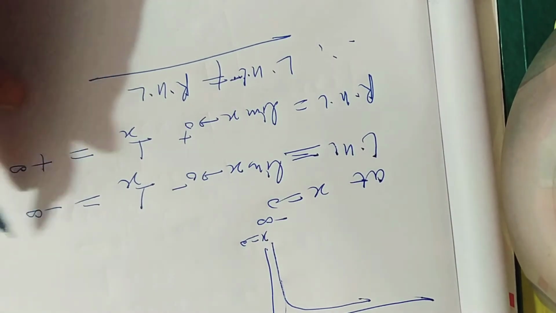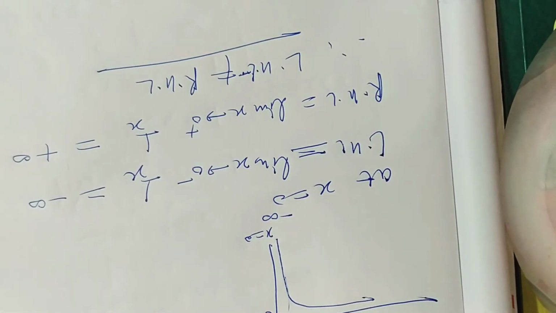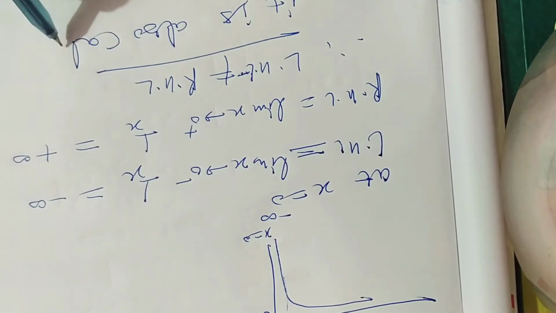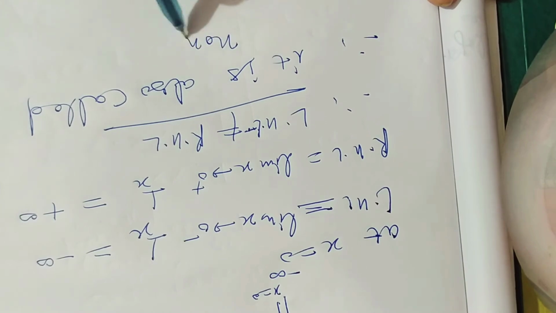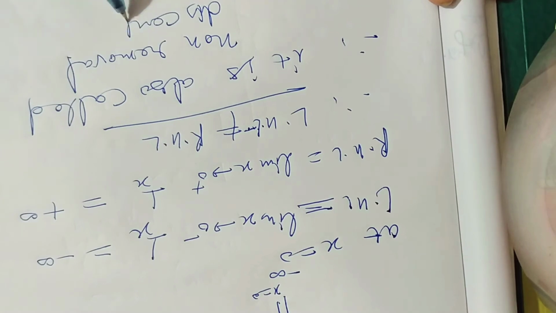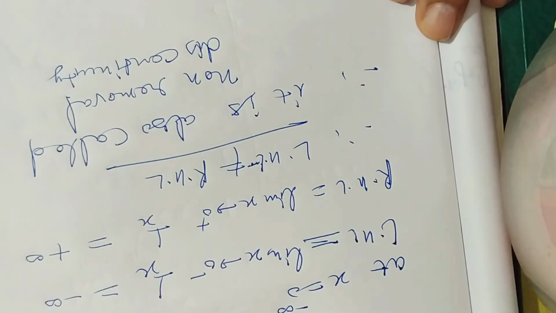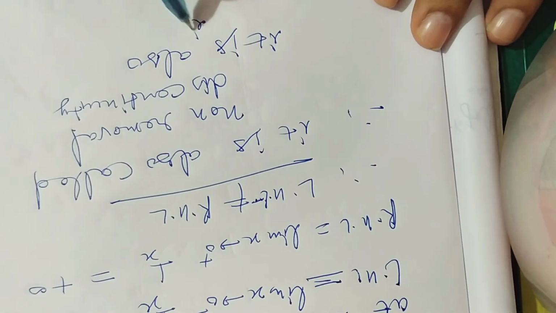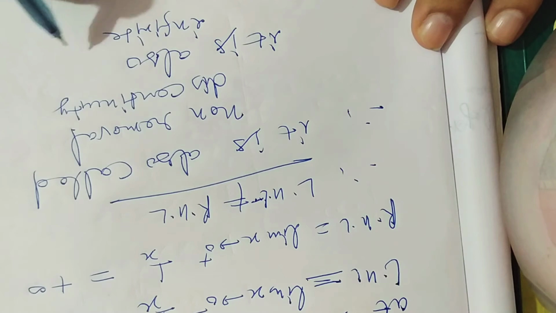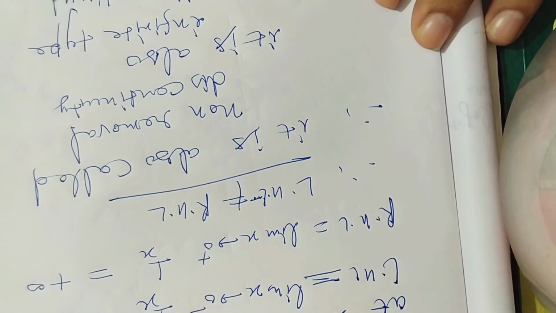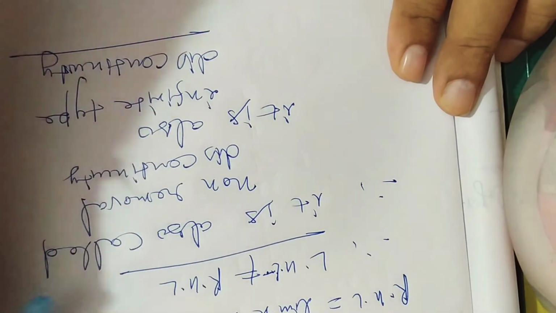These values are not finite, these values are infinite. Therefore it is also called non-removable type discontinuity, and it is also called infinite type discontinuity.